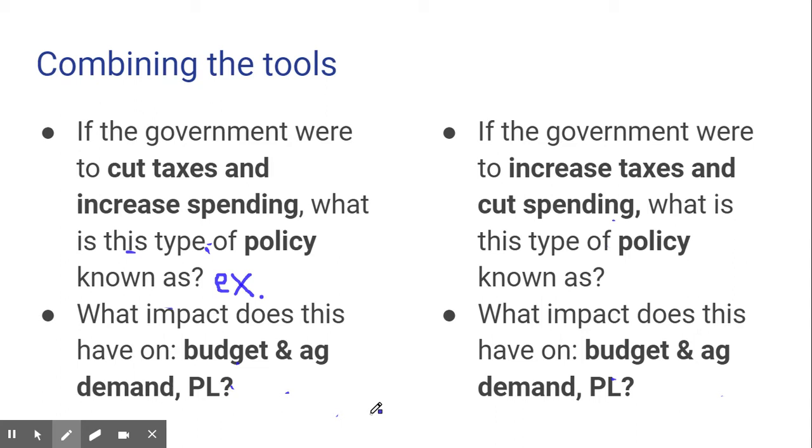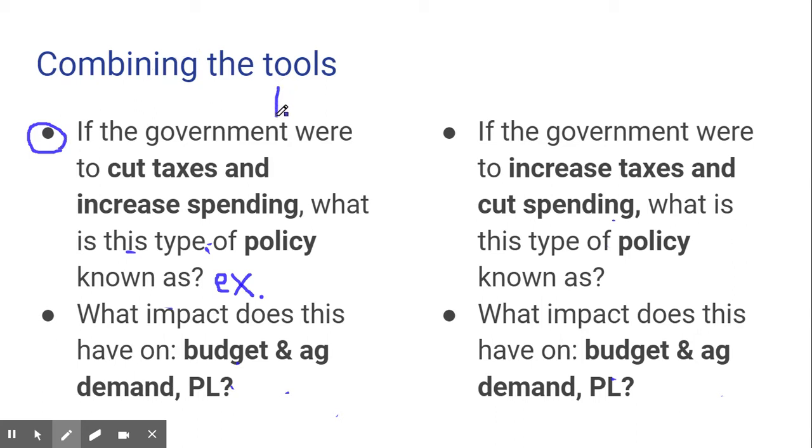If the idea is to increase aggregate demand and you want people to spend more in the economy, you want to lower the unemployment rate, when would you use this? Well, you would use expansionary policy, putting more money in people's pockets by cutting taxes and increasing government spending. You would do this during a recession, okay?